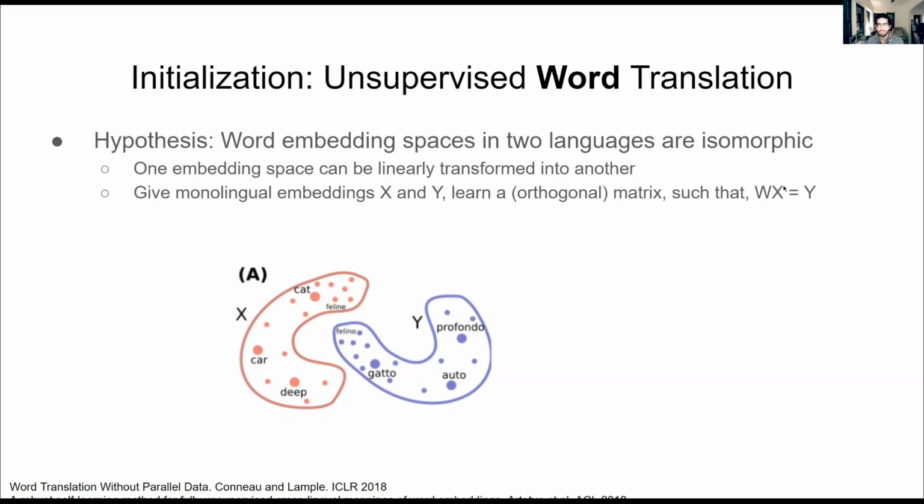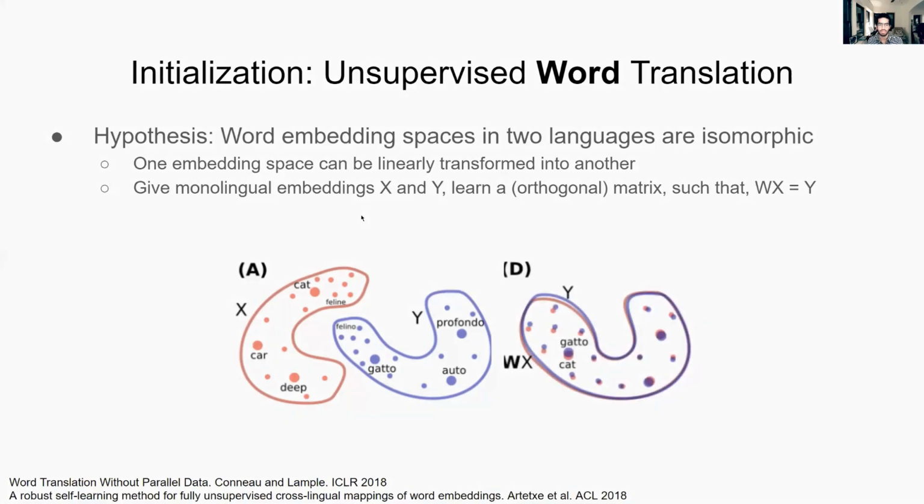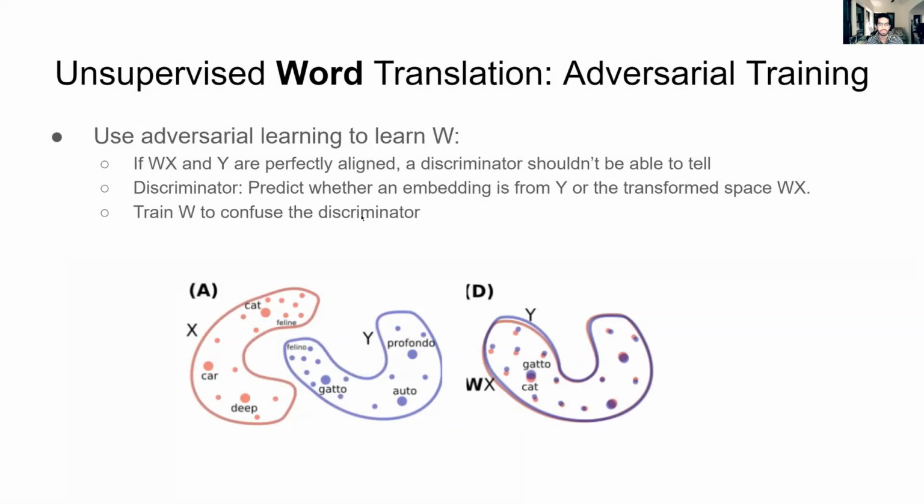So what we need to do is find a way to do unsupervised word translation. This paper by Lample et al. does exactly that, using adversarial training. Suppose the two embedding spaces we want to align are aligned.